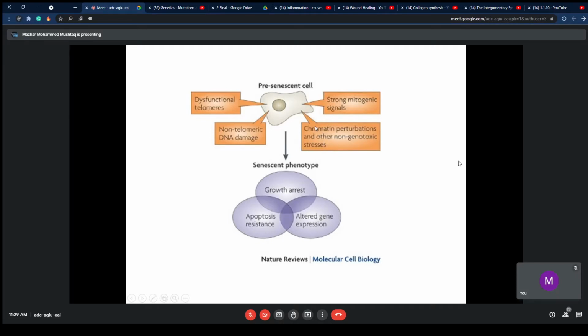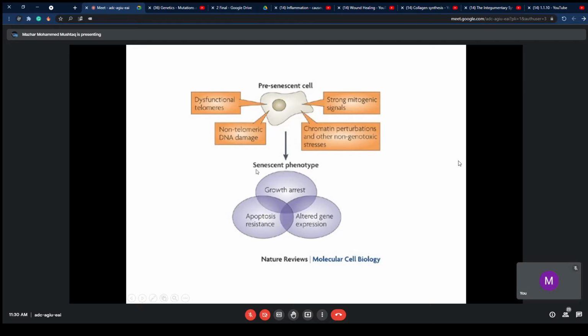There is no telomeric damage in the pre-senescent cell, and no dysfunctional telomerase, and this cell will go on surviving. But at some point, as we get older and older, all these signals are no longer functioning. The cell is not responding, and this pre-senescent cell ends up in a senescent phenotype.